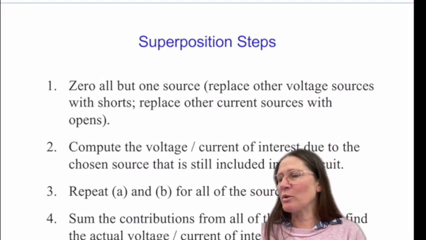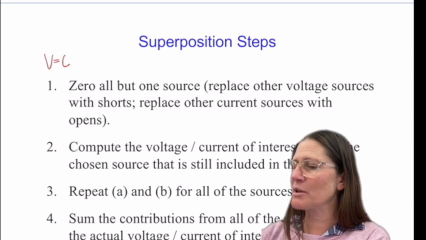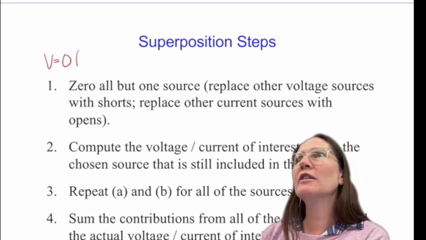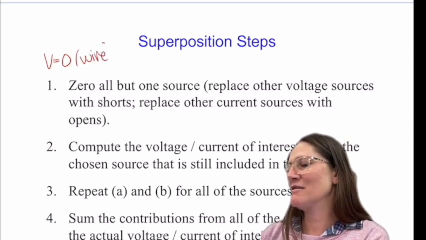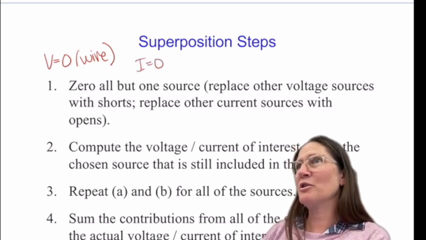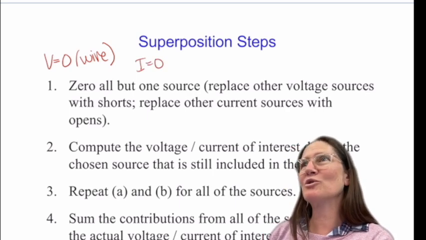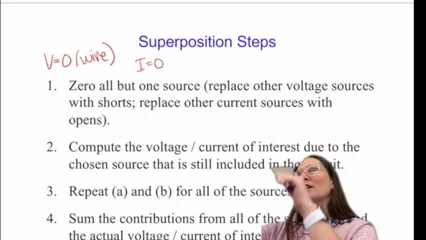So let's talk about what we do when we have created a voltage source that's 0. What does that look like? A wire, correct? A current source is a new one for you. What happens with a current source when it's 0 is it actually looks like an open, right? Because you have a dangling wire.